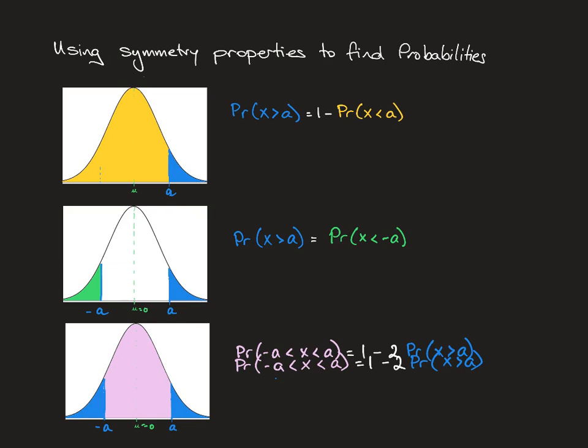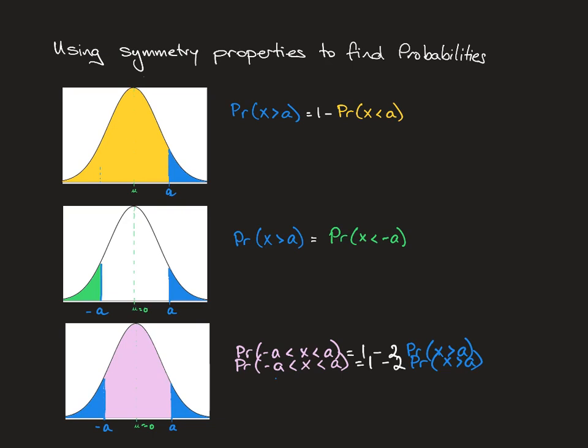The final symmetry properties that I want to talk about are used when you are not told what the particular value of your x is. You're just asked things like, the probability that x is greater than a is something like 0.2. What's the probability that x is less than a? And of course you do probability that x is less than a.